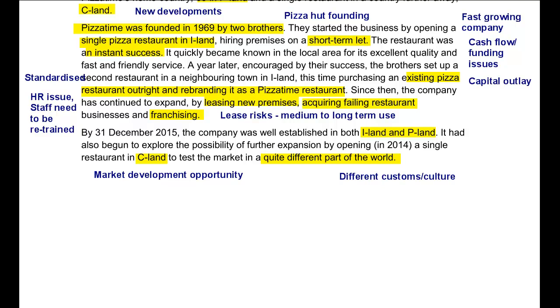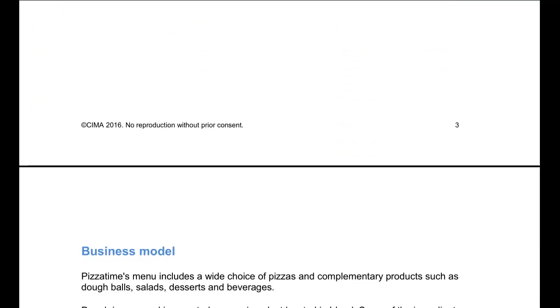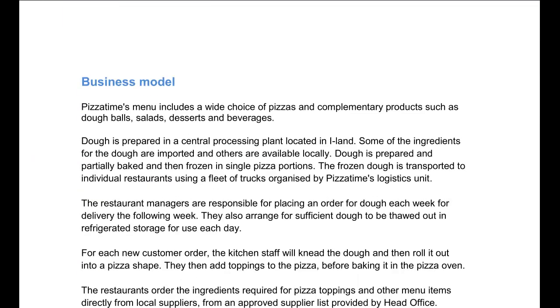That's because in India they value the cow as a sacred animal and therefore they don't eat beef. So that's an example of local awareness from an international organization. So with the background out the way, let's move on to the next section on the business model of Pizzatime.